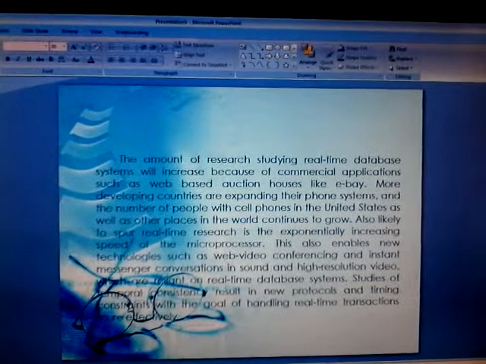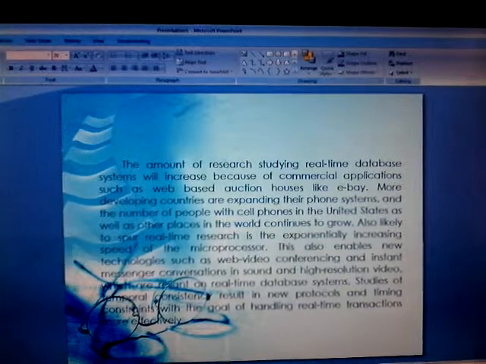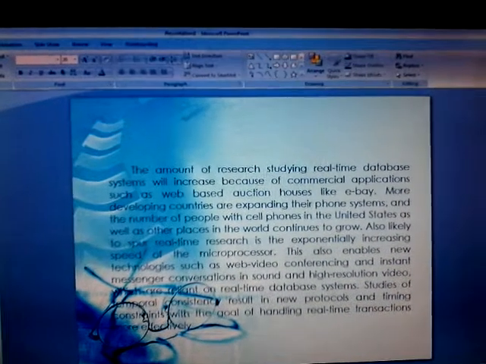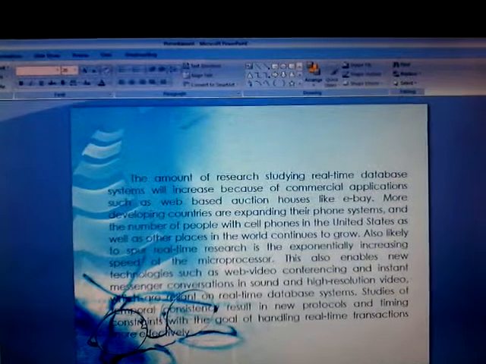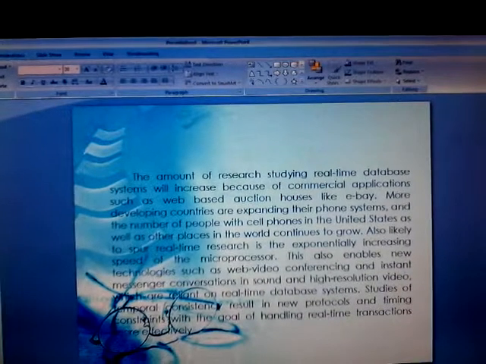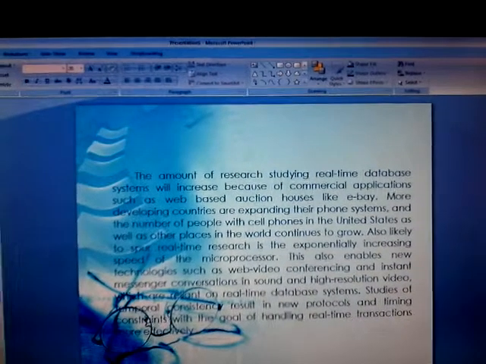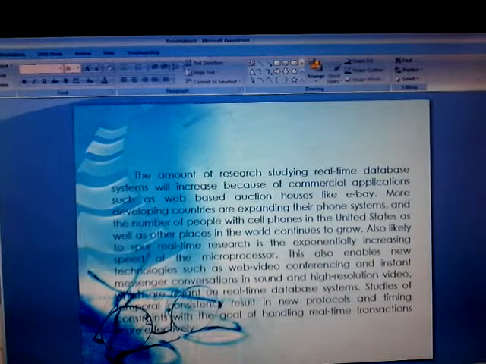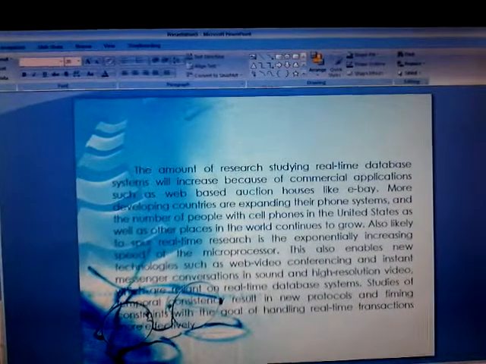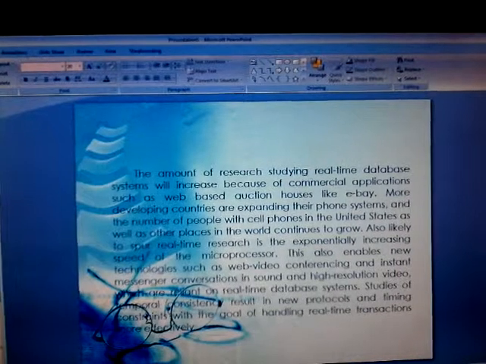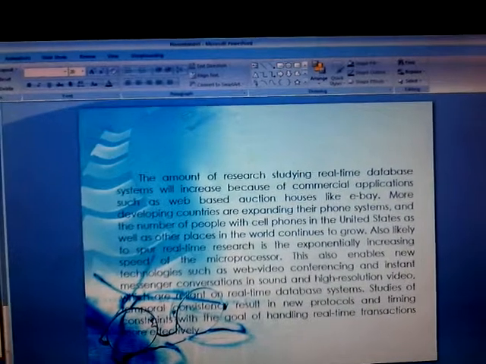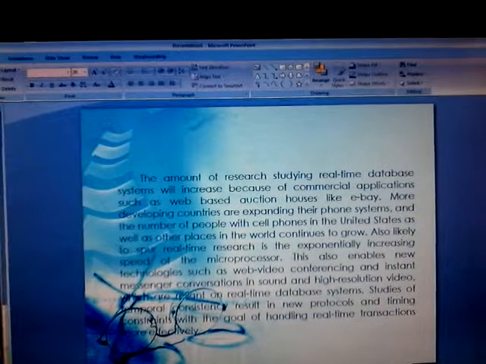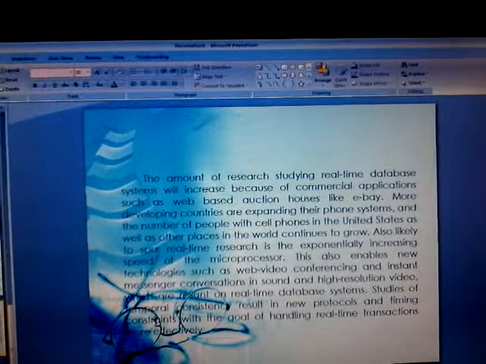The amount of research studying real-time database systems will increase because of commercial applications, such as web-based auction houses like eBay. More developing countries are expanding their phone systems, and the number of people with cell phones in the United States, as well as other places in the world, continues to grow. Also likely to spur real-time research is the exponentially increasing speed of the microprocessor.